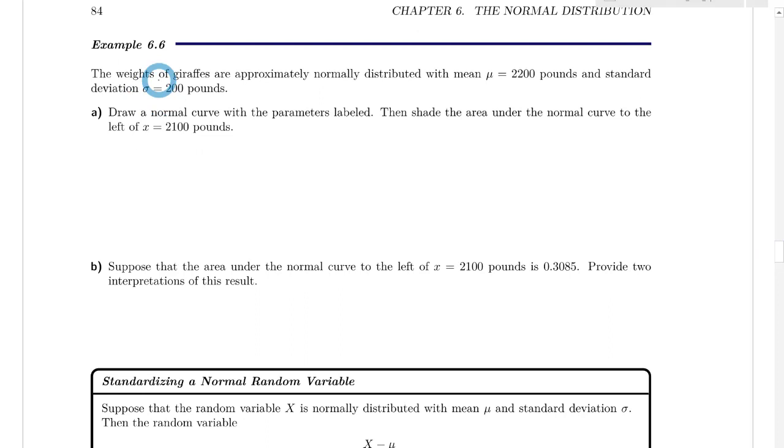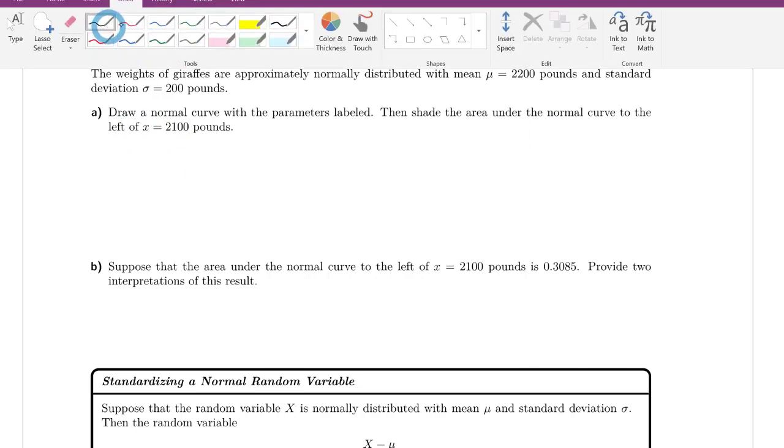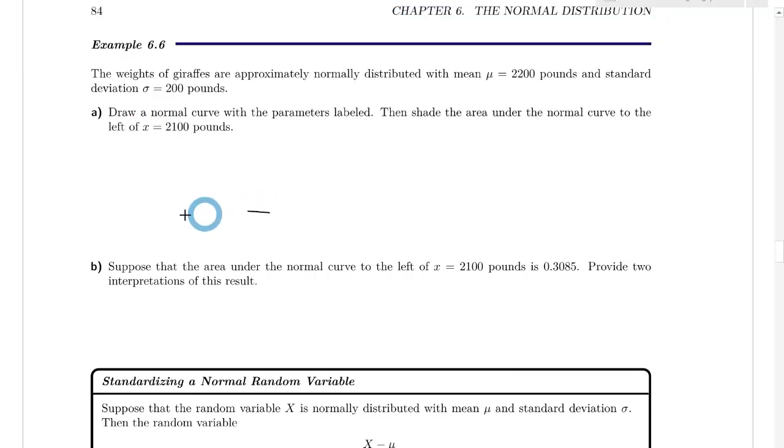This one is giraffes. The weight of giraffes is approximately normally distributed with a mean of 2,200 pounds and a standard deviation of 200 pounds. Draw a normal curve with the parameters labeled. Then shade the area under the normal curve to the left of 2,100 pounds. So the first thing we want to do is make the x-axis.